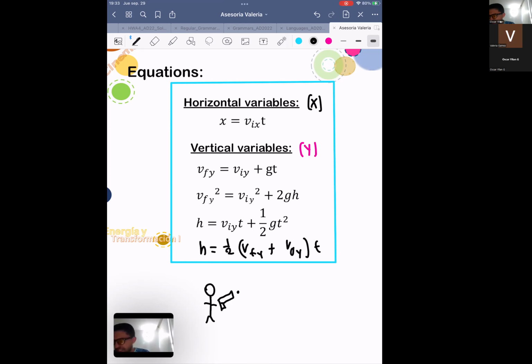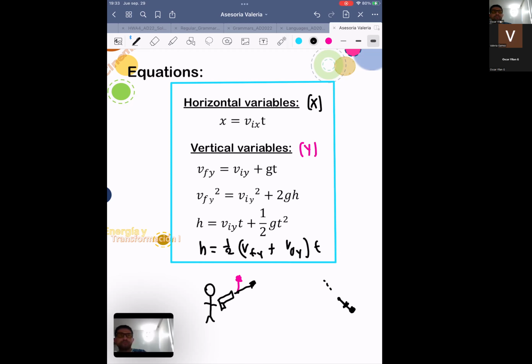That's why lost bullets are really dangerous: the velocity with which it goes up is going to be exactly the same velocity when it falls down at the same height, right?